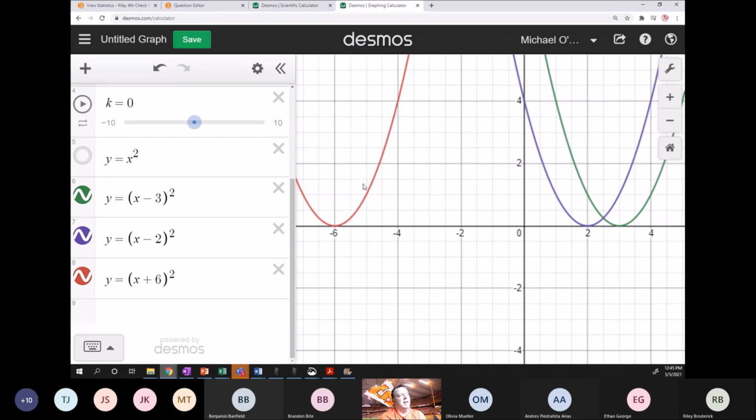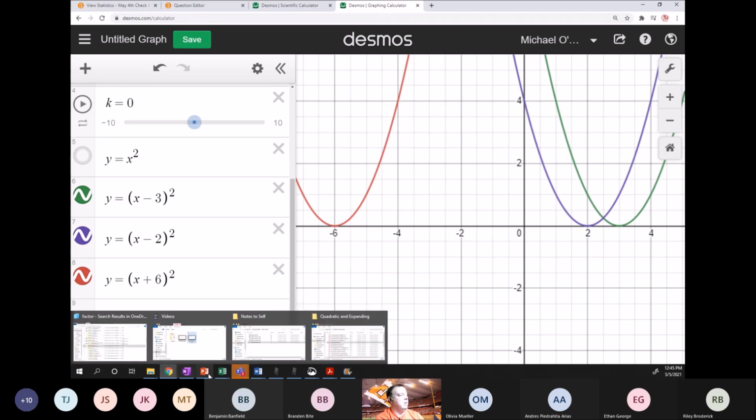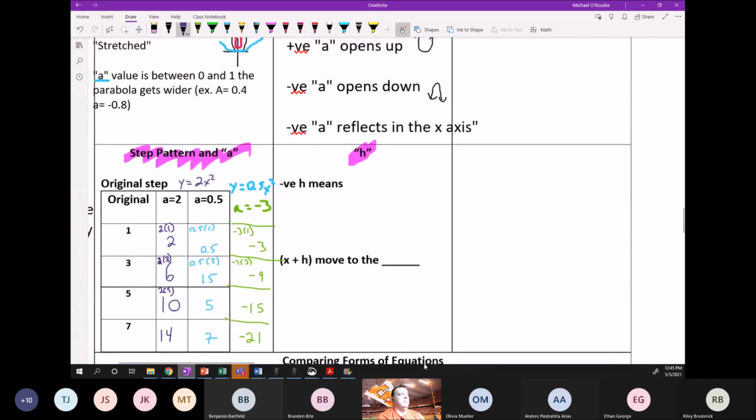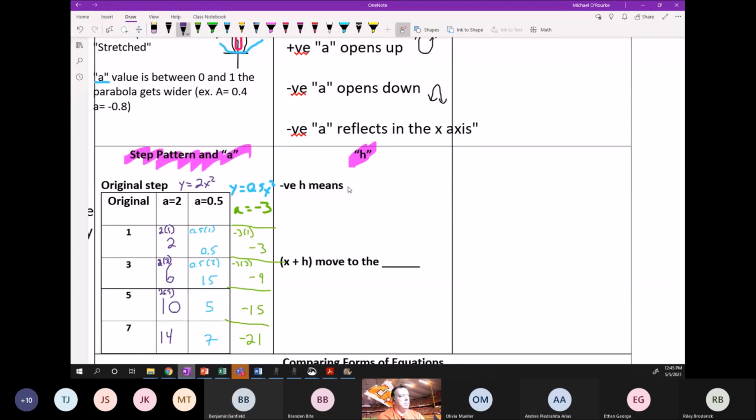So I always talk about it as a land of opposites. If it's a negative in there, it's actually going right. If it's a positive in there, it actually goes left. So if I talk about the land of opposites, that's what I mean. So let's go back and write our note on this. That's a horrible saying. Let's scrape this out.